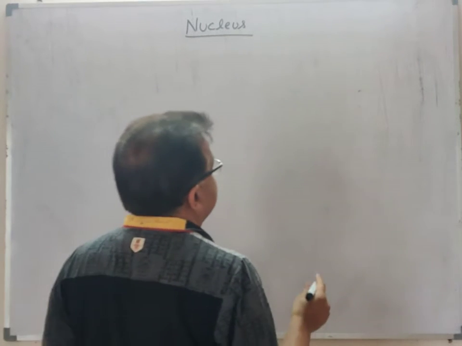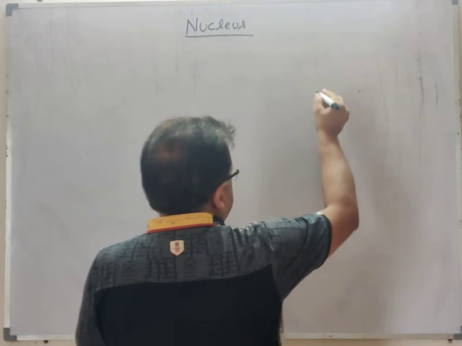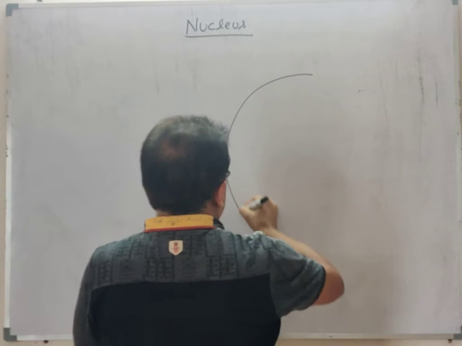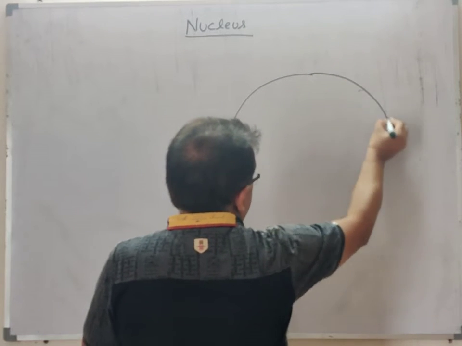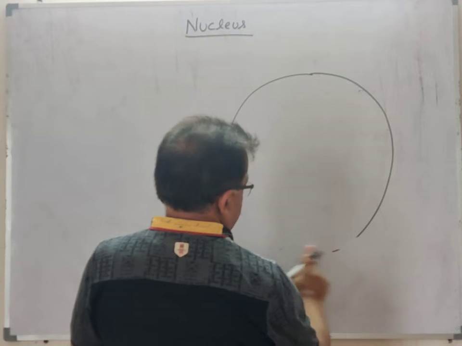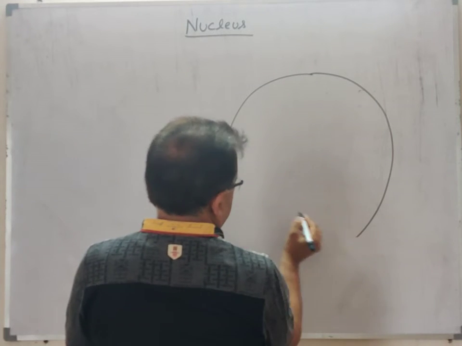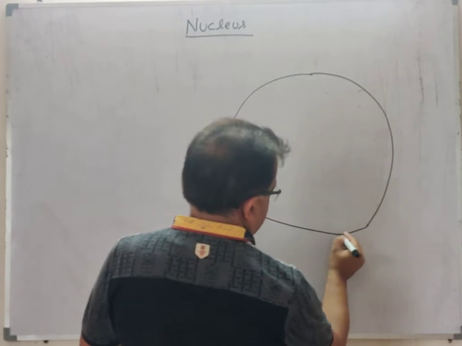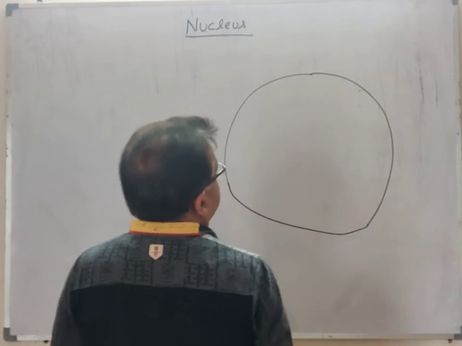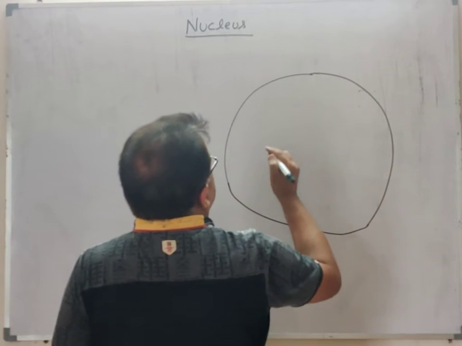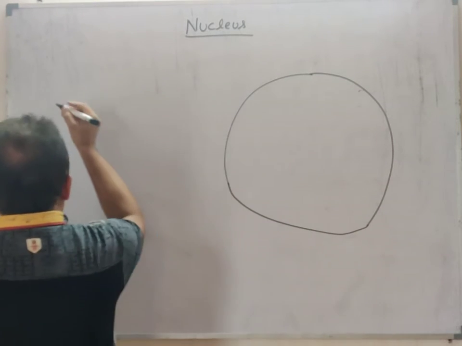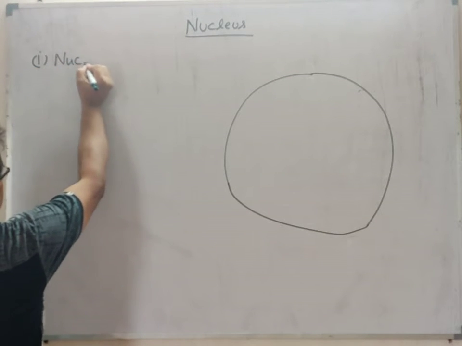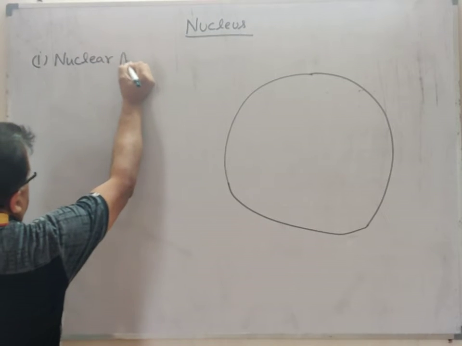At first I shall draw the structure of nucleus. It is generally round in structure. So it is more or less round. It consists of, as I told, nuclear membrane. The first part is nuclear membrane.